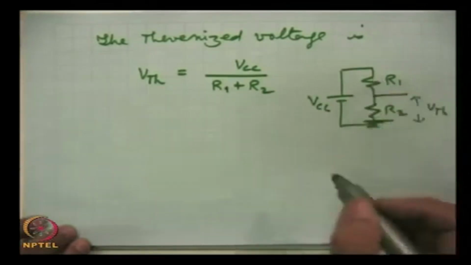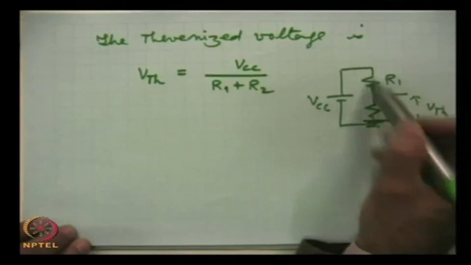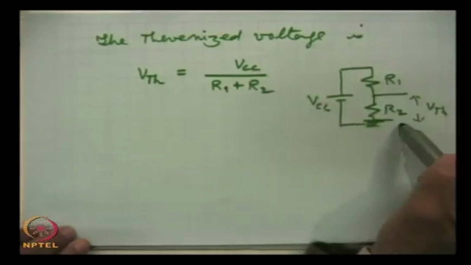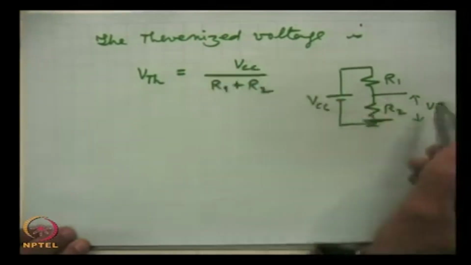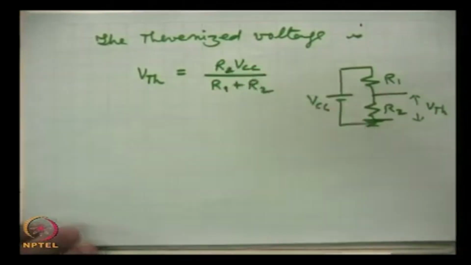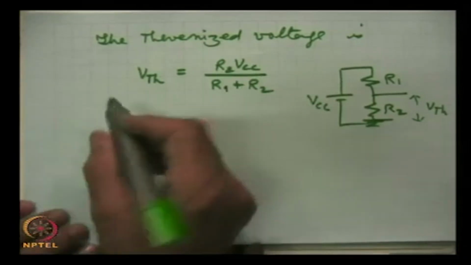So, obviously, the current through this battery is VCC by the total resistance, and the voltage developed across R2 is this current into R2. So, this is the Theveninized voltage which we can calculate.